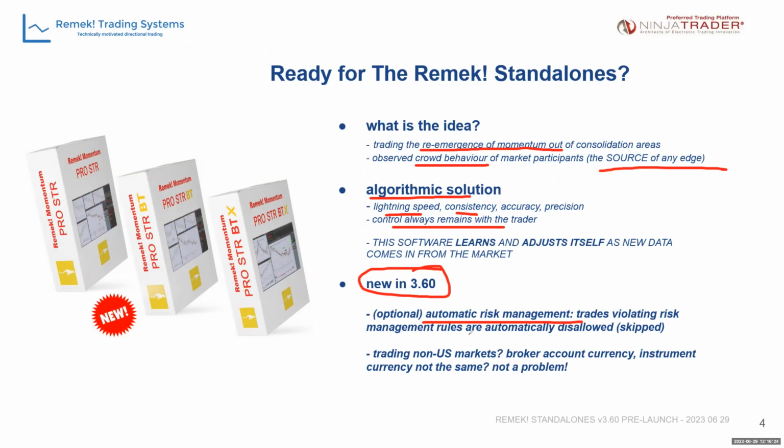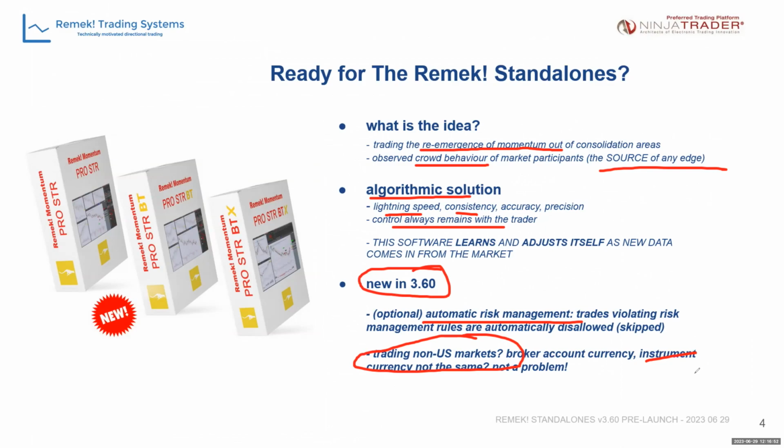Also, we added convenience and functionality for traders who may not be trading the US market. We now have customers in 50 countries on 10 different stock exchanges, from Japan to Hong Kong, everywhere. So it was important for us to cater for those users whose brokerage account may not be in US dollars, or the instrument that they trade may not be in US dollars.